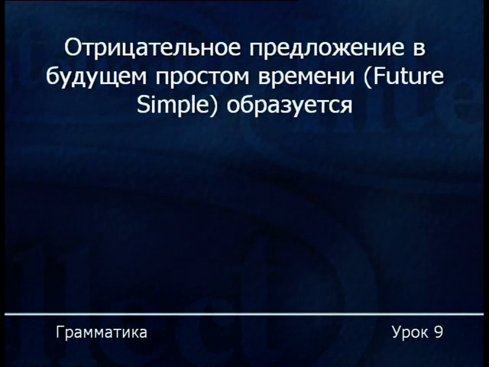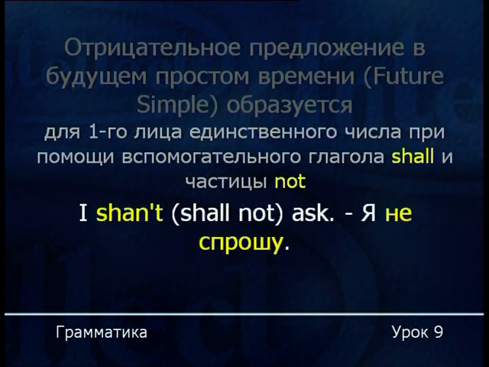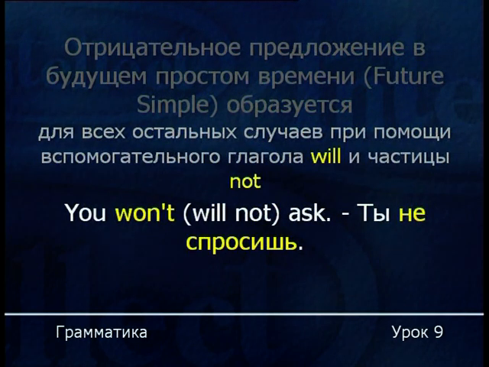Отрицательное предложение в будущем простом времени, future simple, образуется для первого лица единственного числа при помощи вспомогательного глагола shall и частицы not. I shan't ask. Для всех остальных случаев при помощи вспомогательного глагола will и частицы not. You won't ask.